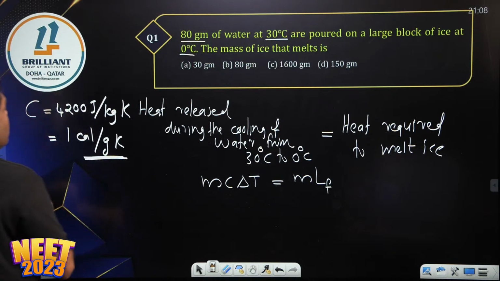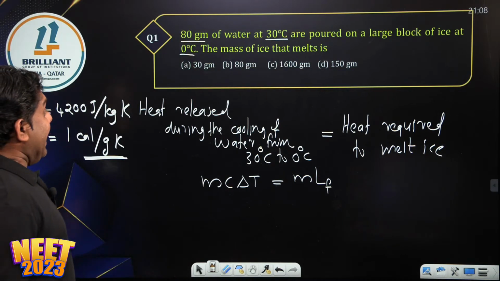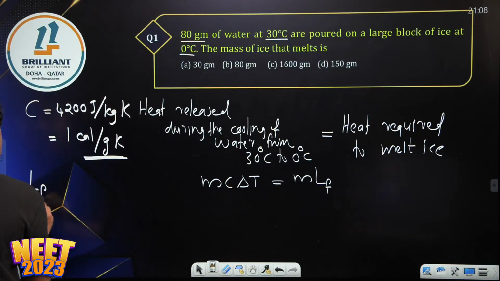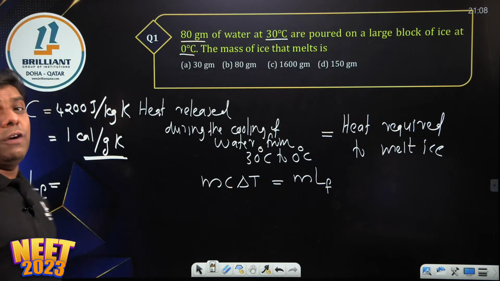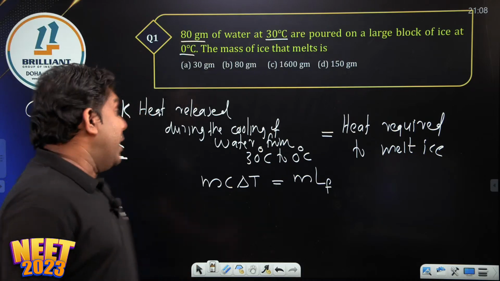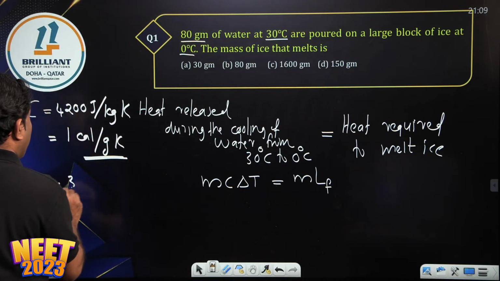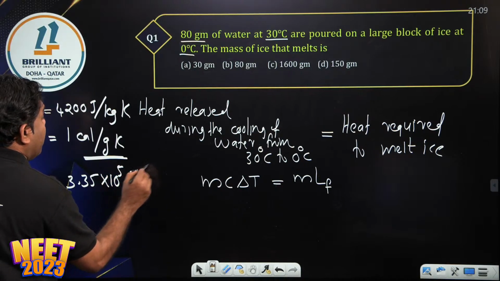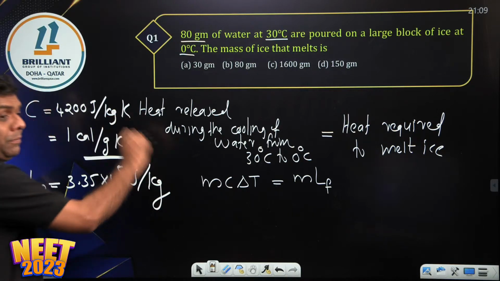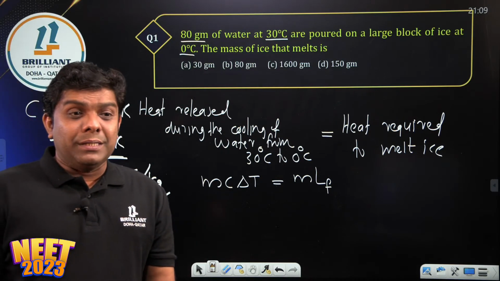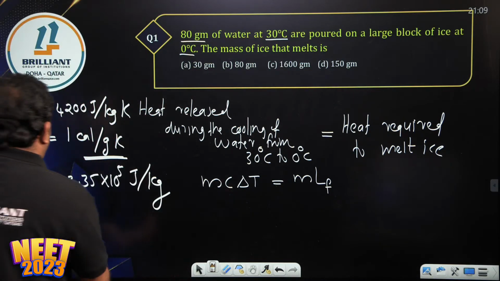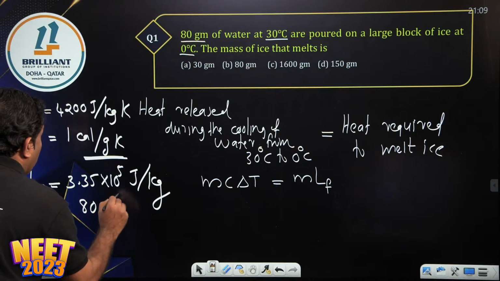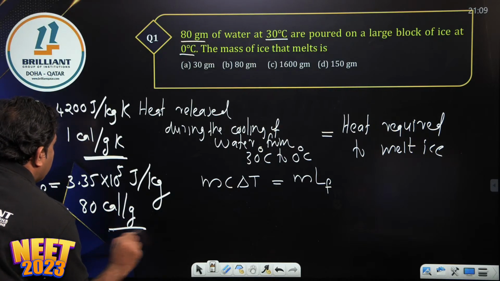Another important point: L_F is the latent heat of fusion of ice. L_F is 3.35 into 10 raised to 5 joule per kilogram, which is also 80 calorie per gram.